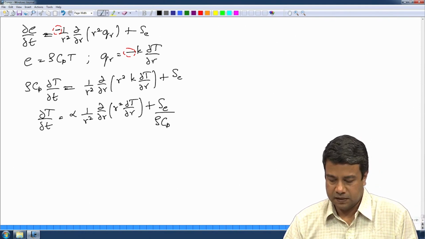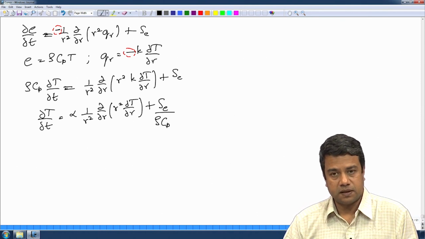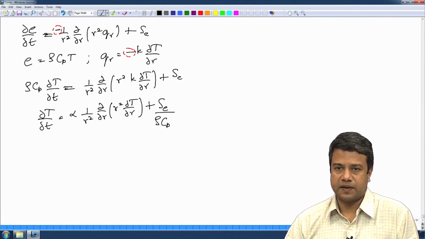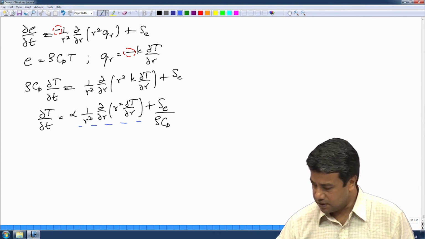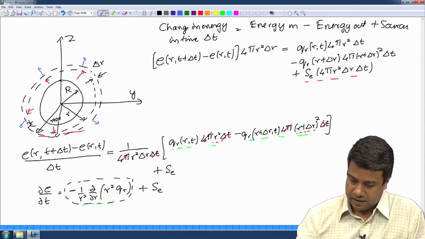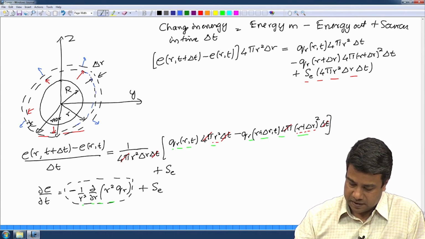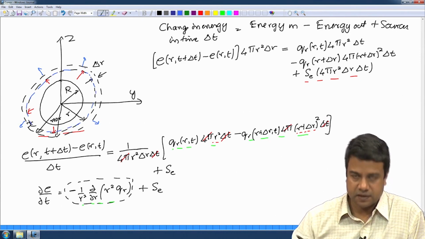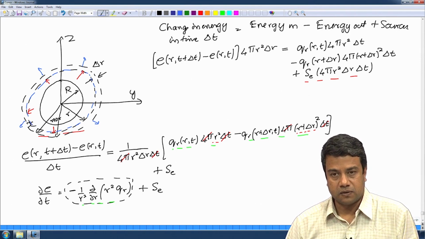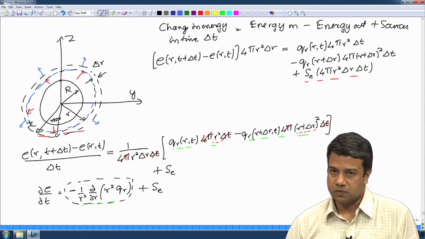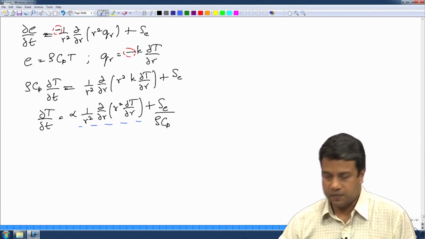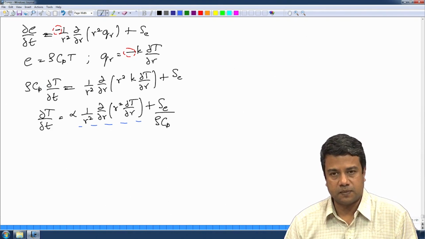So, that is the diffusion equation in the spherical coordinate system. Once again, this operator is different because, as we saw in the previous slide, the surface area is changing as the radius changes. The total transport is equal to the flux times the surface area. So, both the flux and the surface area are changing. Therefore, you get a more complicated expression for the temperature.